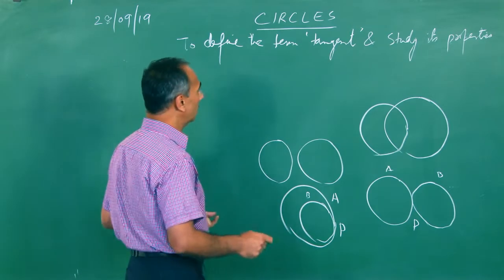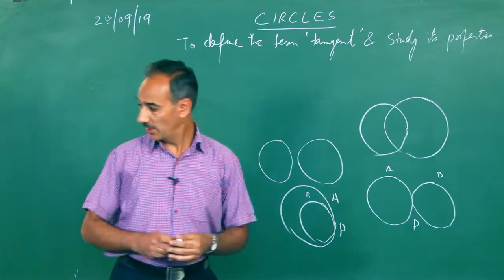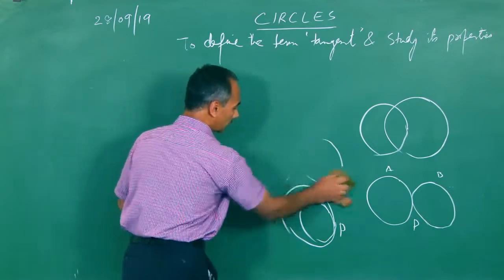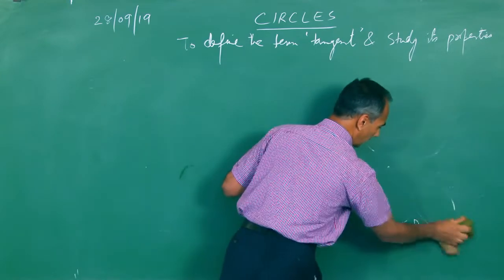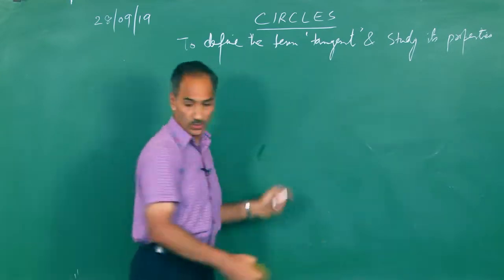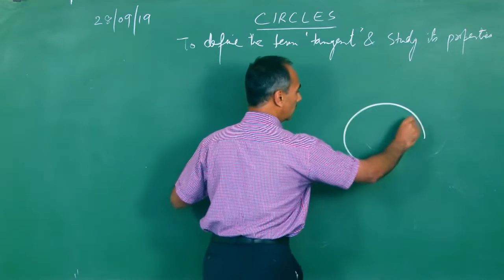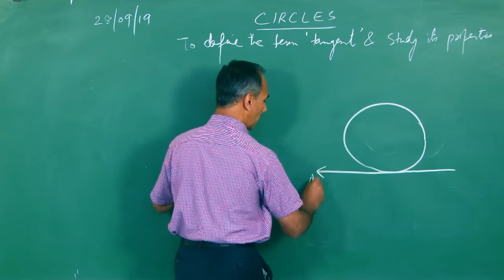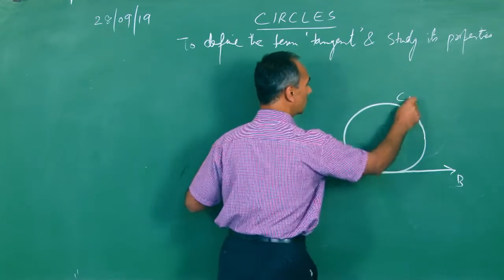Now, as far as this topic is concerned, we'll be having two different curves. See, these are two homogeneous curves. We'll also have two heterogeneous curves. And we have to see how this tangent is all about. If I draw a circle and I take a line, this straight line is AB and this is the circle, call it C or C1.